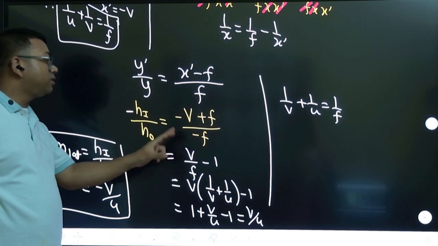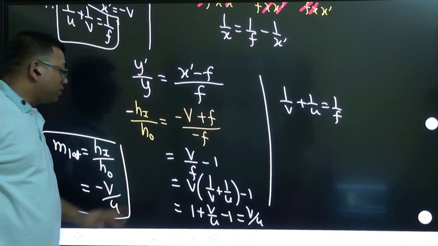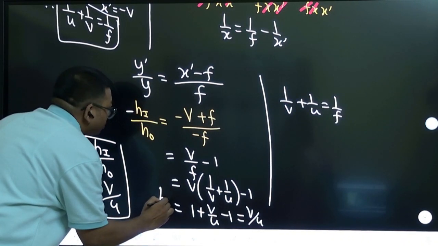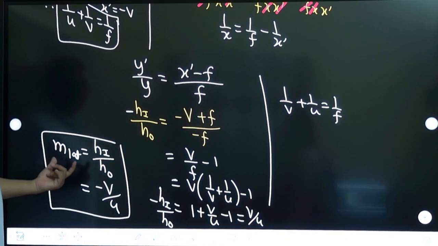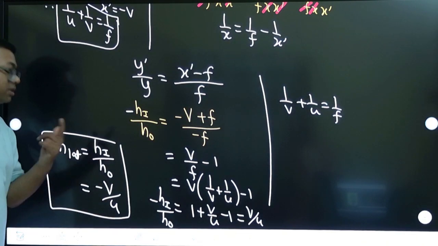Here we substituted, so this is nothing but minus hi by ho. But hi by ho is defined as lateral magnification, so it will come as minus v by u.